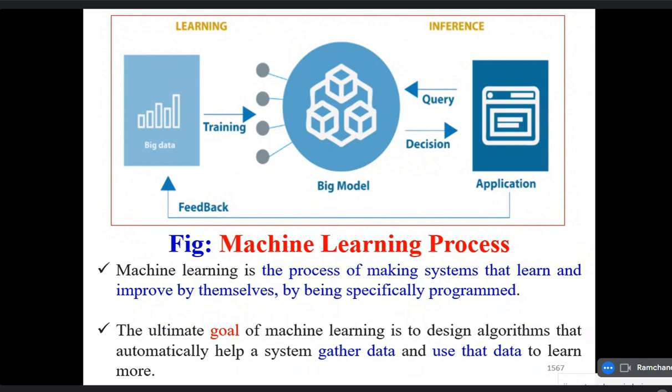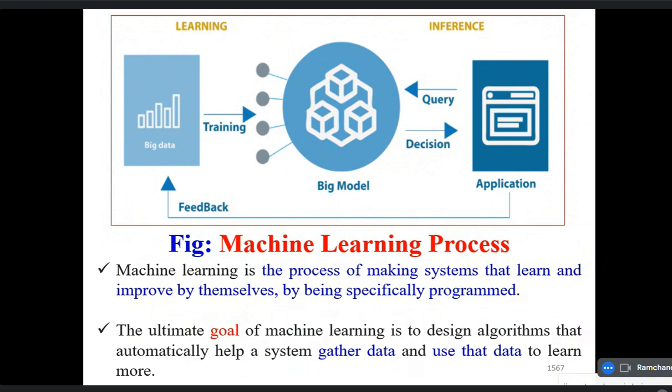Then we use 80% for training and 20% for testing. Then we choose a model, any model. Models include the CNN model, RNN model, LSTM model, support vector model, random forest model, and so on. Then finally we decide whether it is classified correctly or not. If it is not, then we train again.